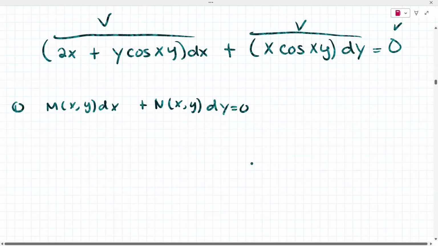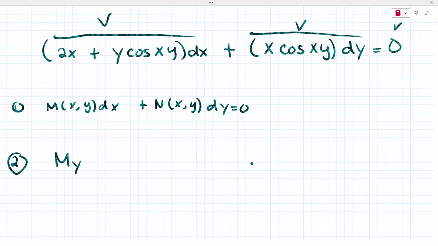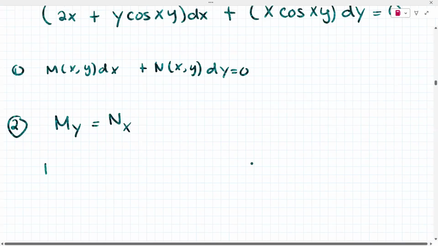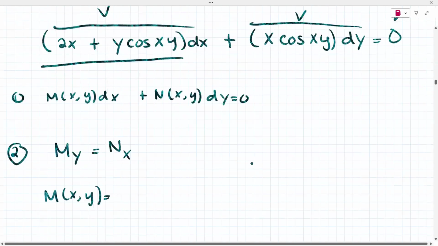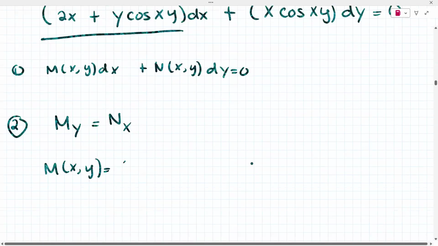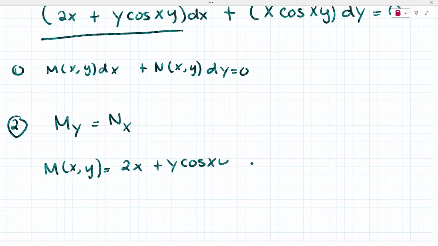So then step 2 is, does M of y equal N of x? So first, what is our M of x,y? It is basically this whole thing, right? So that's going to be 2x plus y cosine of xy.